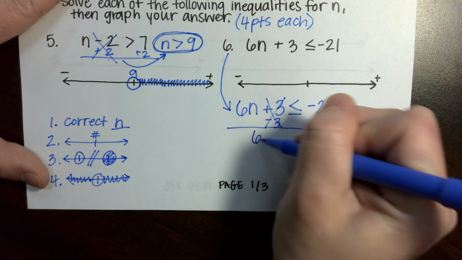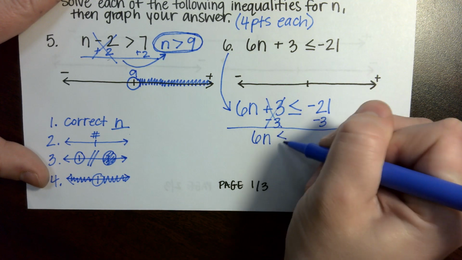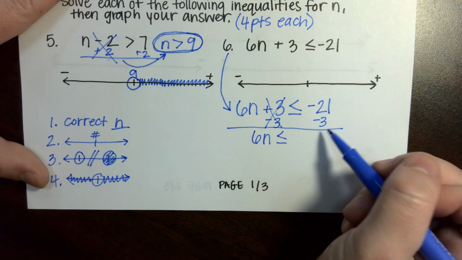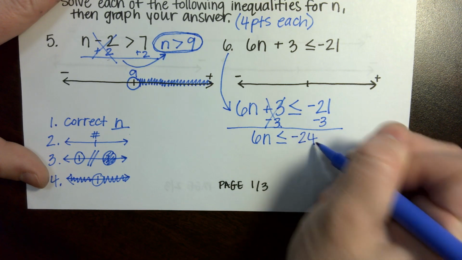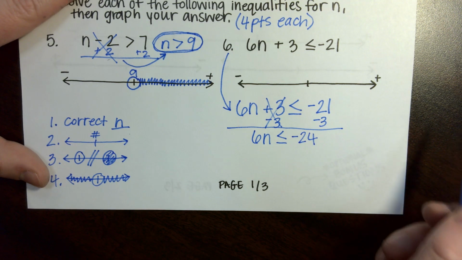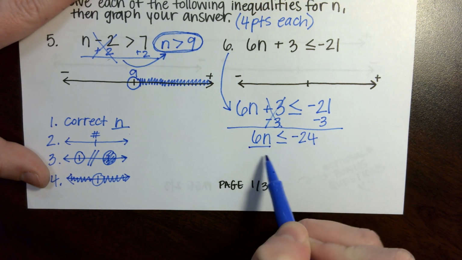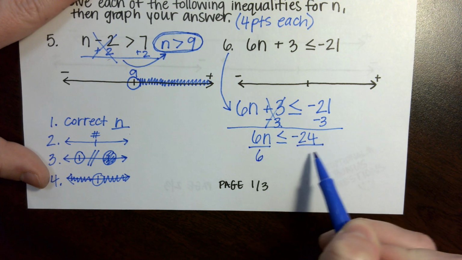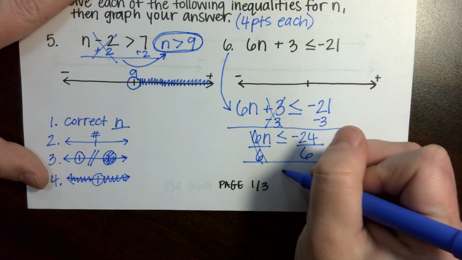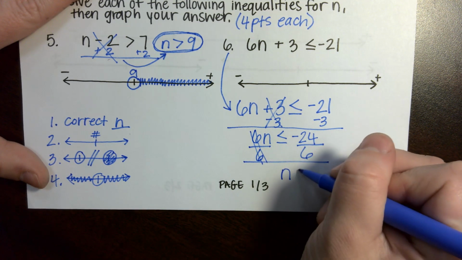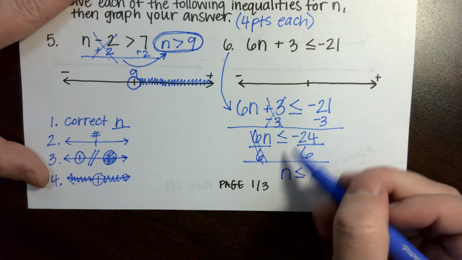So I've got 6 times n is less than or equal to, what is negative 21 minus 3? Negative 24. Good. All right, last step. Good, divide by 6 on both sides. And that is going to leave us with n is less than or equal to what?